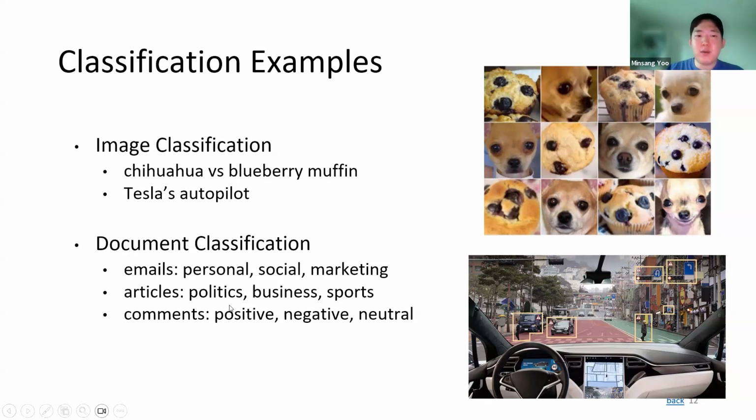For example, in articles, we just put in words that are commonly used in politics and label them. If you have these words a lot, then it'll be politics. If you have these words a lot, then it's going to be sports.